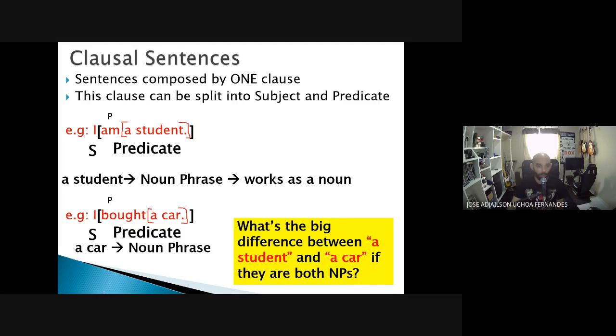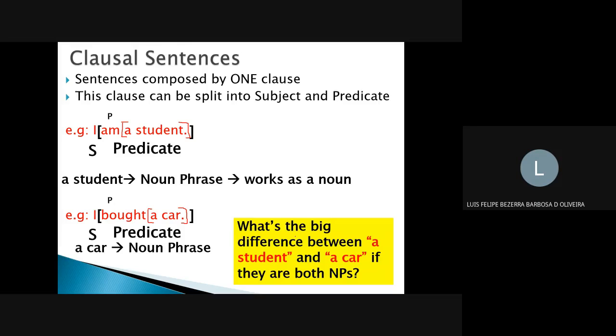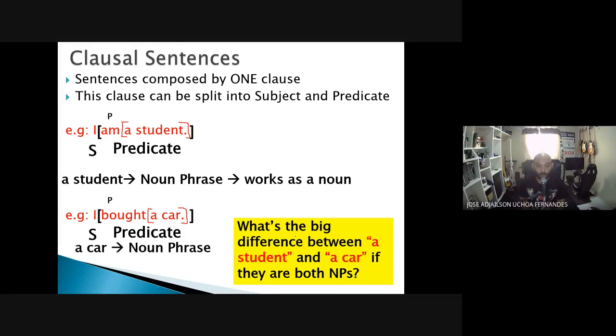Now, what's the big difference in terms of function? Maybe we could say that in the first sentence we have a more subject-oriented predicate. And then in the second, if we, for example, had an indirect object, we would have a more object-oriented sentence. That's it, okay?